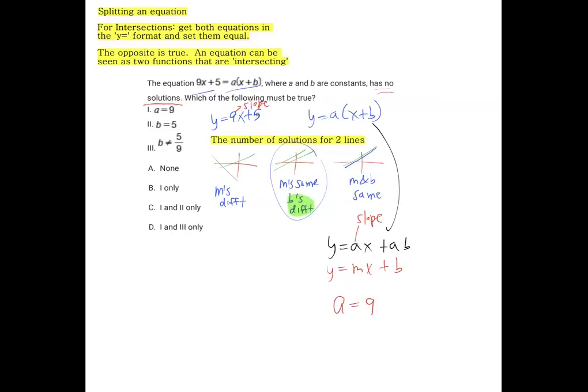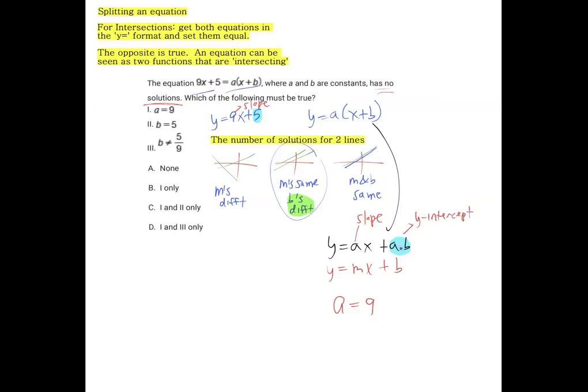For the first line, the y-intercept was 5 because it's mx plus b, 9x plus 5. And for the second, the y-intercept is the ab because it's mx plus b, mx plus ab. By the way, we're using the letter b for two different things, which is a really common thing on the SAT. So that's our y-intercept right there.